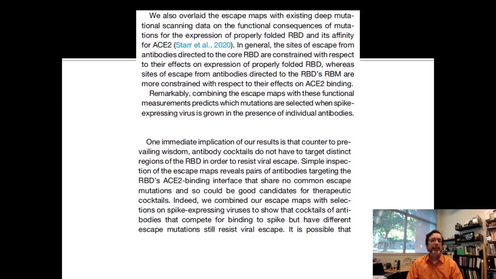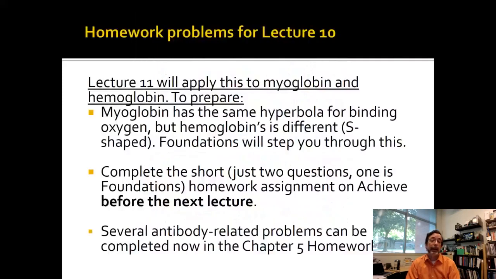You don't have to worry too much about the details. Basically, this tells us which antibodies to put together as an antibody cocktail, because we don't want to put 2 antibodies of the same type together, but if we put 2 antibodies of different types together, it's much harder for the virus to escape them. And that's why determining which types of antibodies these are, where they bind, is so helpful and important.